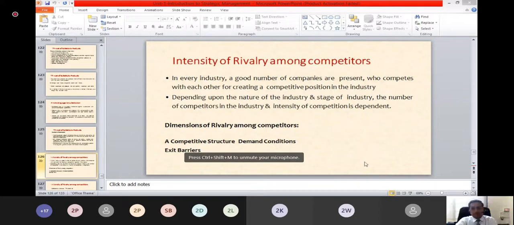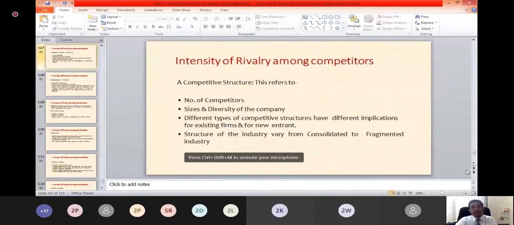So we have to understand the dimensions of rivalry among the competitors. There may be different dimensions like competitive structure, demand conditions, and exit barriers. What are these dimensions? We'll have to discuss in detail. The competitive structure means the number of competitors. That is the first dimension.